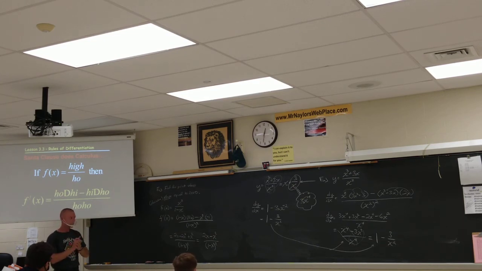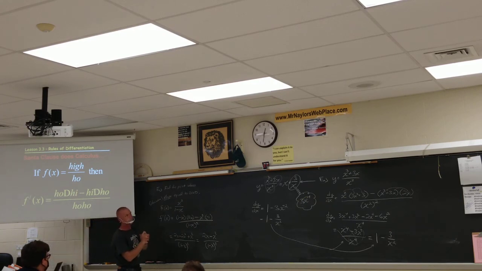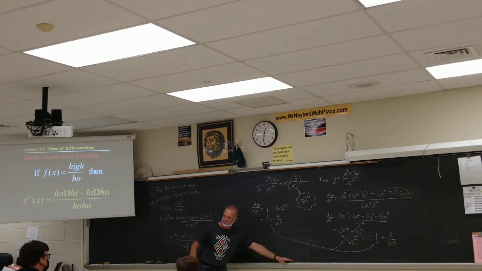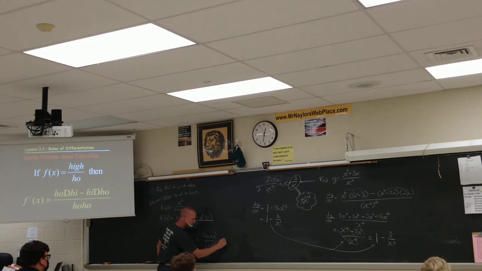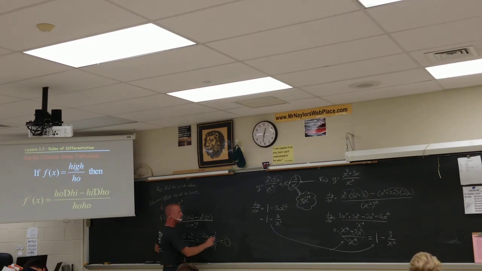Now, we haven't done this yet, but it's not hard to do. You just have to pay attention. It says the slope is equal to 0. That means the derivative is equal to 0. That does not mean that x equals 0. So set the derivative equal to 0 and solve for x.